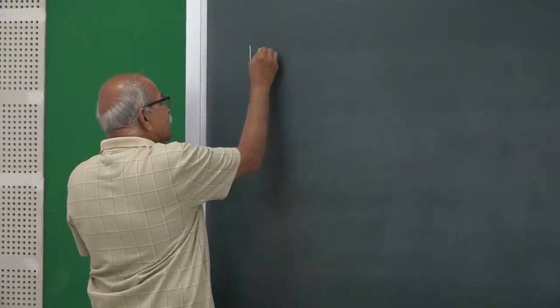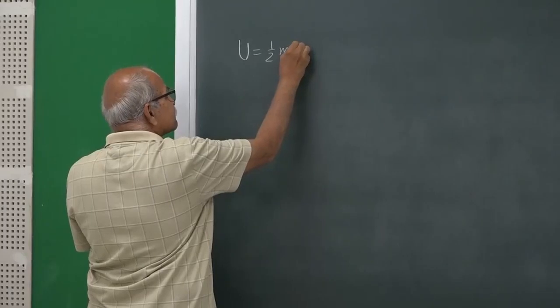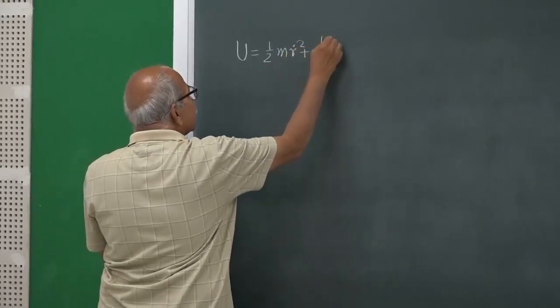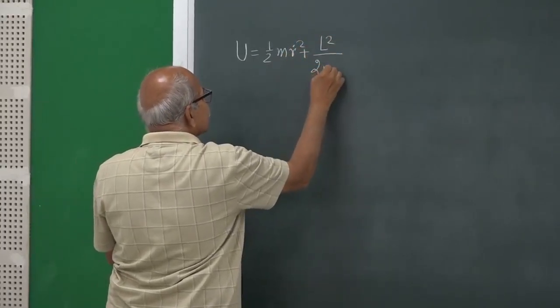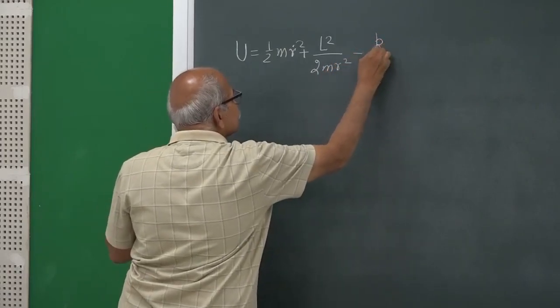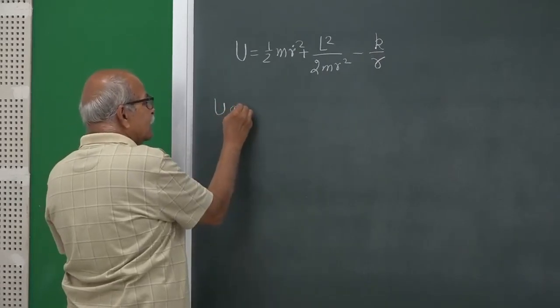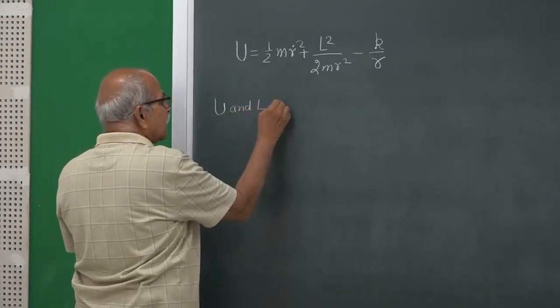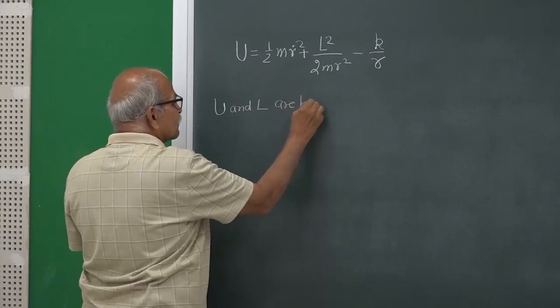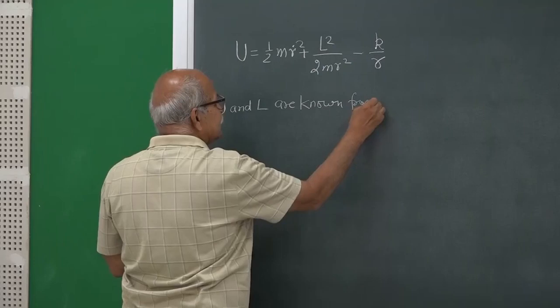U is equal to half m r dot square plus L square by 2 m r square, and then minus k by r. This is the energy expression, and U and L are known from the initial conditions.